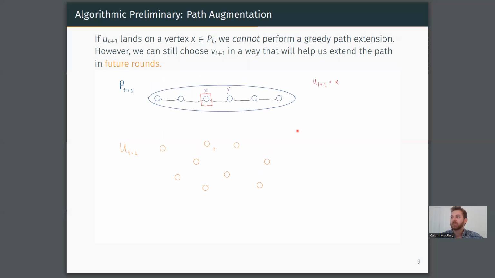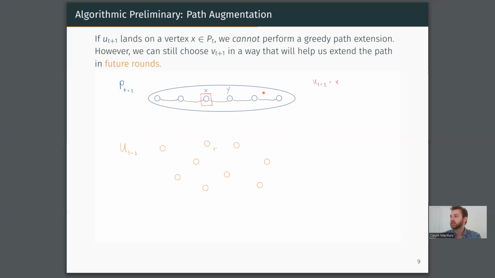So the interesting part about the semi-random graph process is, what do we do when we can't form a greedy path extension? Well, what we'll show in just a second is that it's still possible to make a choice that's going to help us extend the path in future rounds.